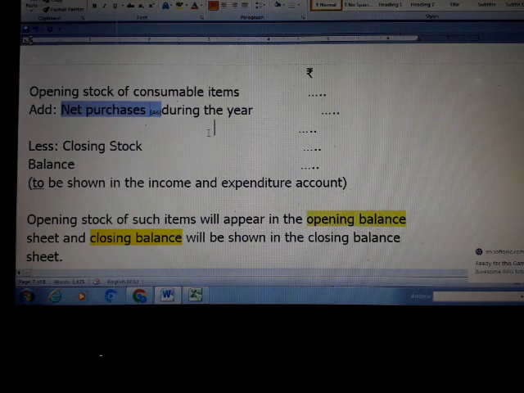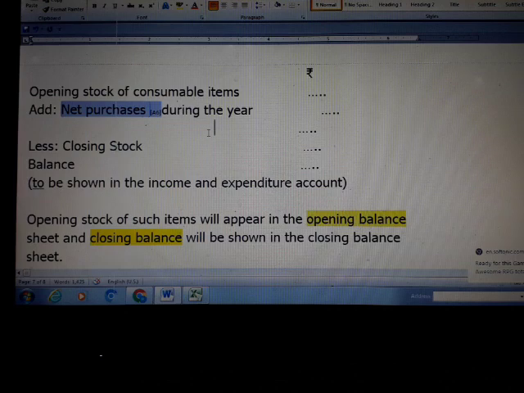So please remember, when you are going to find out the amount of consumable item, make sure whether you have the opening balance of the stock and closing balance of the stock, opening balance of creditors and closing balance of creditors, and also the consumable item available as opening stock.